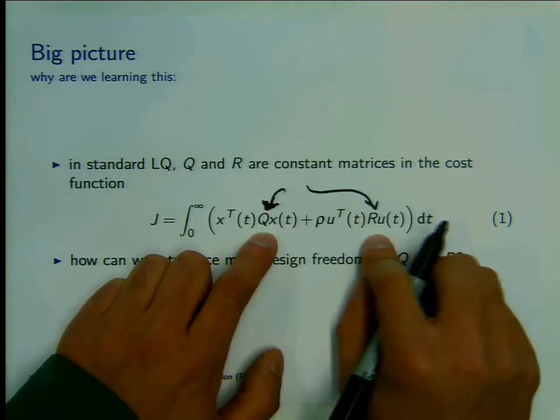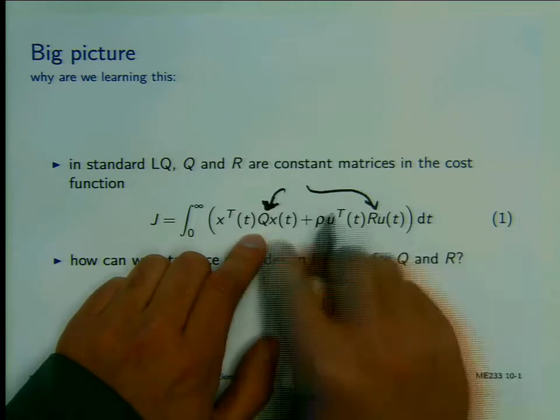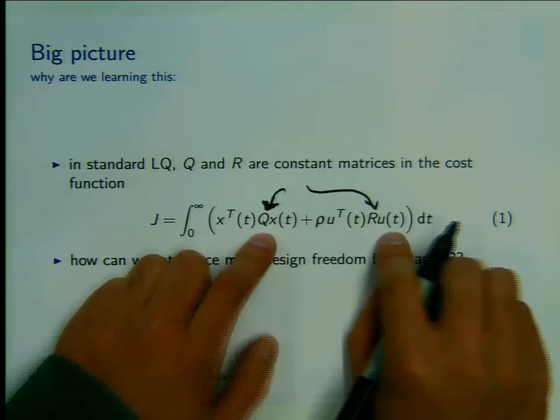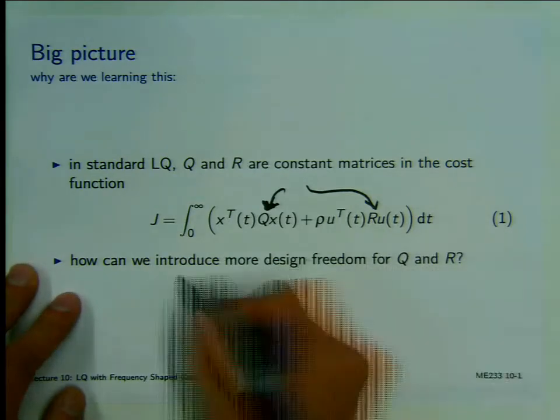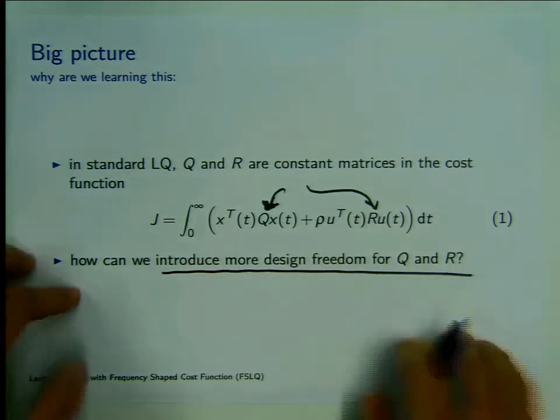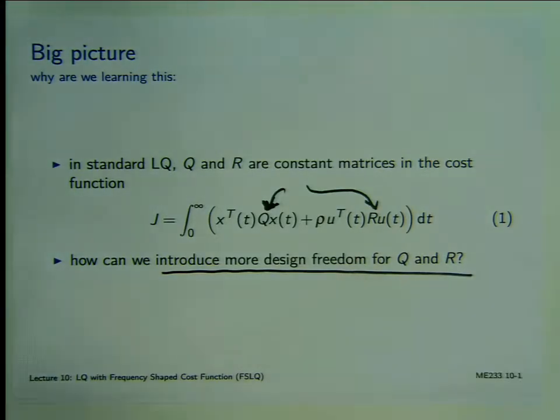So you might think whether I can make Q and R time dependent, or dependent on other parameters. And FSLQ is exactly doing this, introducing more design freedom for Q and R. Okay?